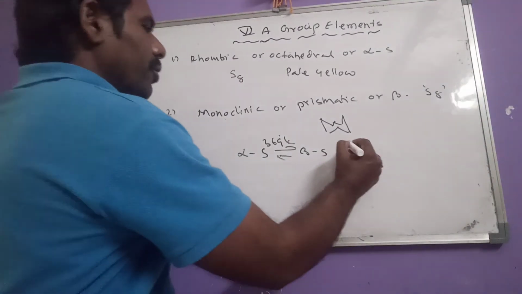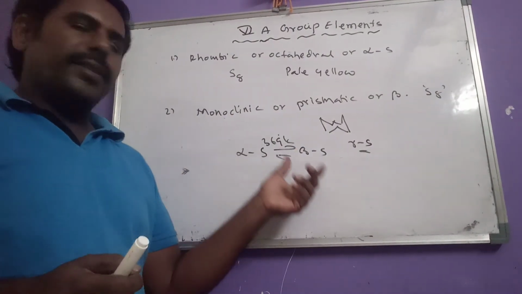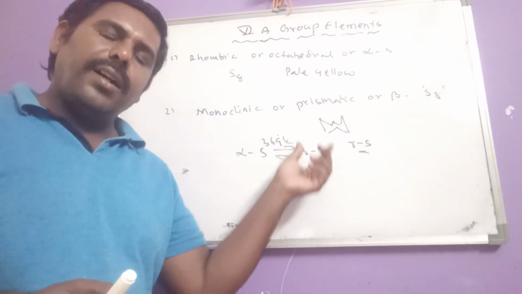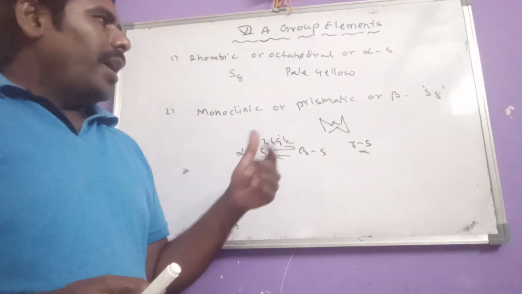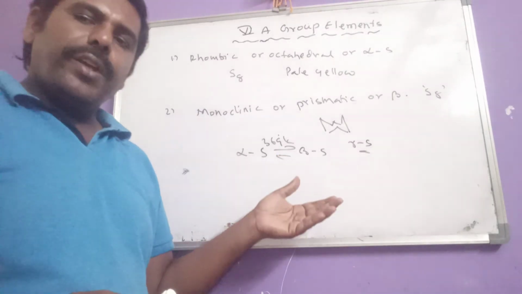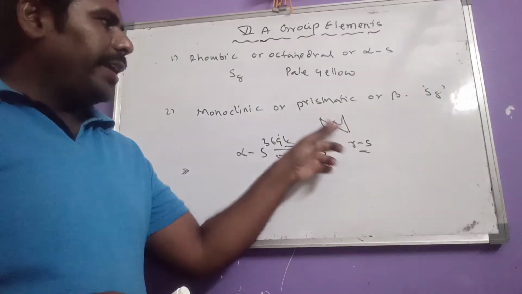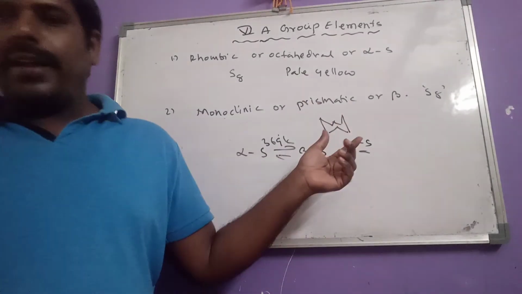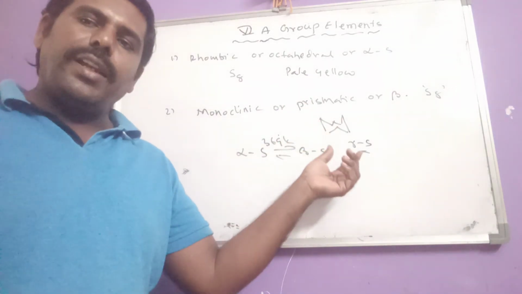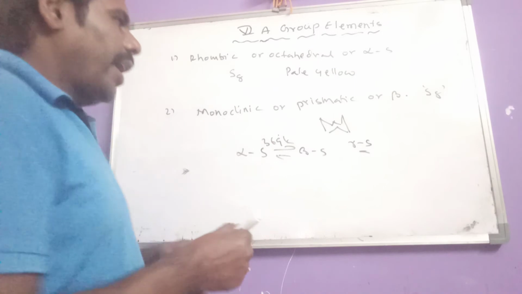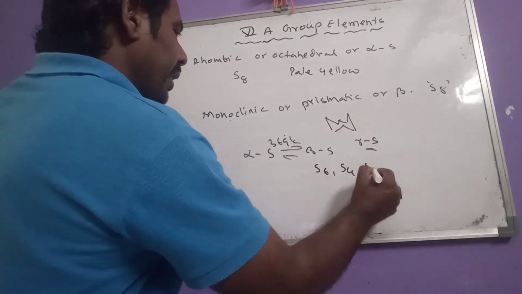And another form is also there, gamma sulfur. Alpha, beta, gamma, all these three have puckered ring or crown S8 molecular structure. Then if you heat up to 160 degrees centigrade, due to the cleavage of that ring structure, it dissociates into S6, S4, S2, like that.